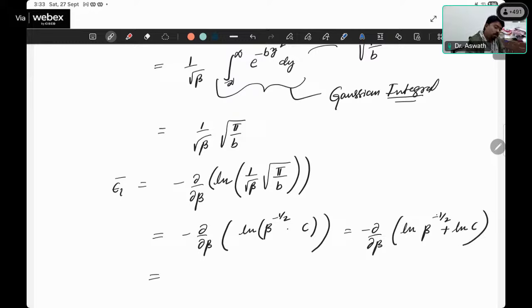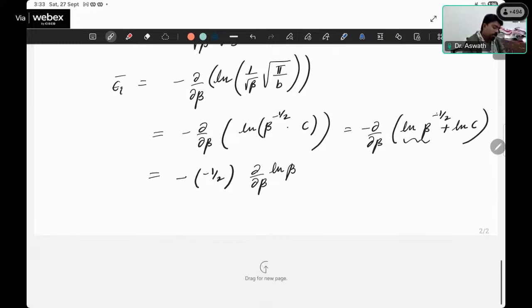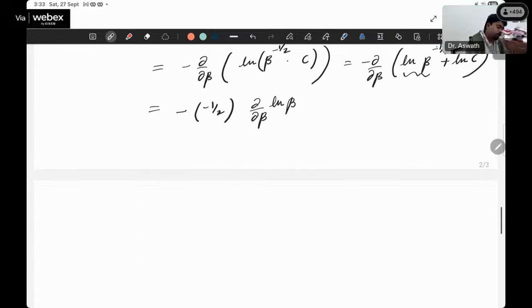When you differentiate a constant with respect to any variable, it does not contribute. I'm left with only the first term, minus of minus, which is half times the derivative of log beta, which is 1 by beta.